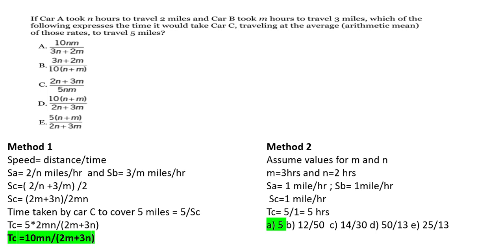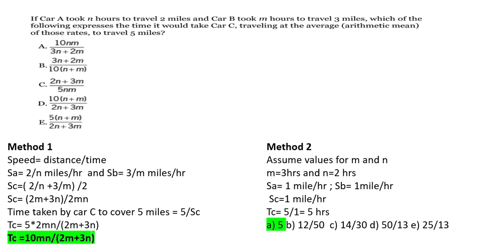So now we know that the time taken is 5 hours. Now what I have to do is plug in the values of m and n in all those options and see which option gives me 5 hours as the answer, and that would ideally be my answer option. So when I plug this in option A, I'm getting 5 hours.